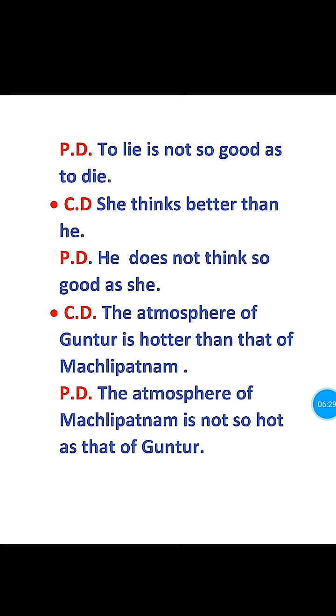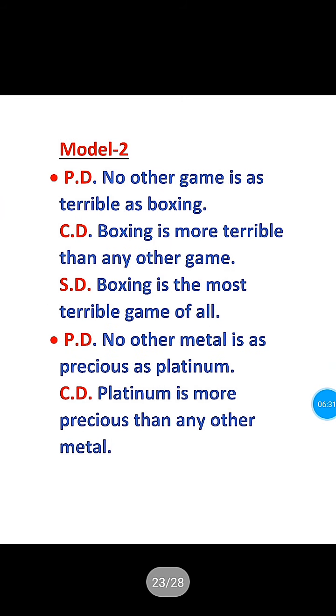Model 2. Here positive degree, comparative degree and superlative degrees are also there. No other game is as terrible as boxing. In positive degree, here we are comparing the game boxing with other games. That means not only boxing, we are not comparing boxing with another game.